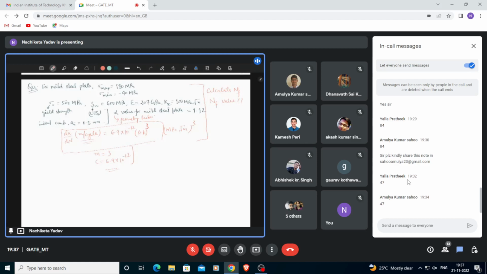Same procedure. You just put the value and integrate it. Here we have to find out the NF value, means 0 to NF. So our main objective is to find the critical crack length. If we find it, we can integrate from that AI value to the AC value.